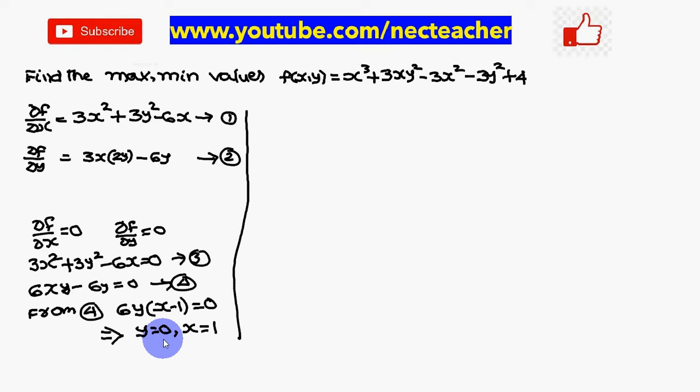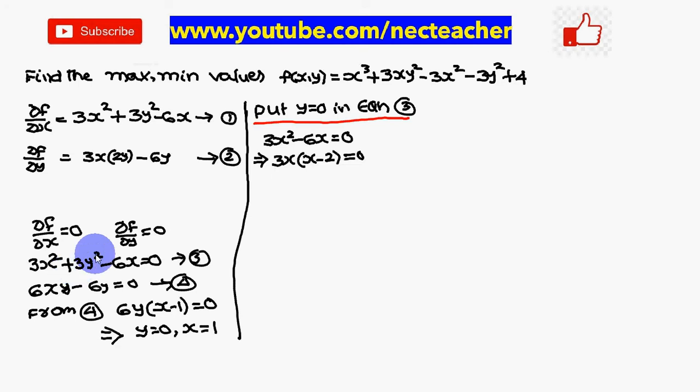You consider any one of the x and y values. I am considering y is equal to 0 as case 1. Later I will consider x is equal to 1. Put y is equal to 0 in equation 1. Y is equal to 0 means the y term will vanish. 3x square minus 6x is equal to 0.